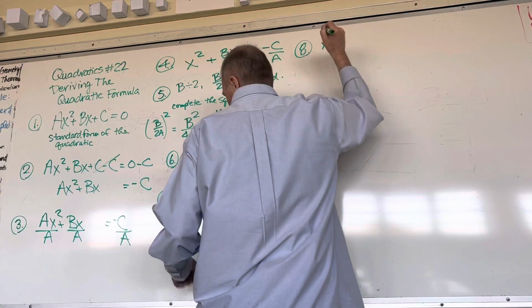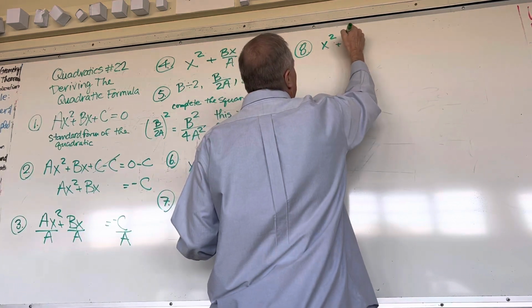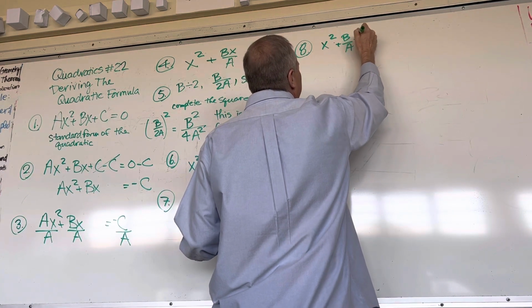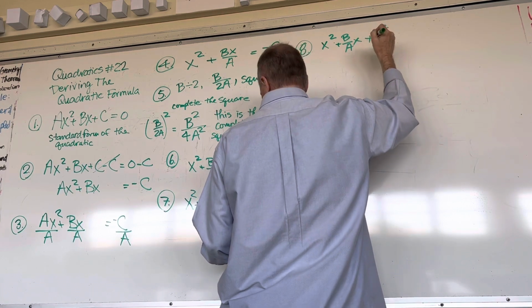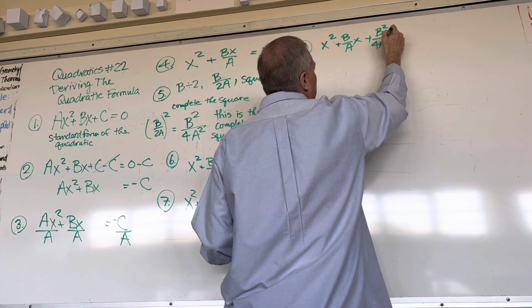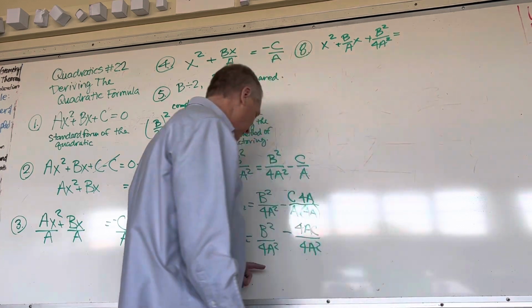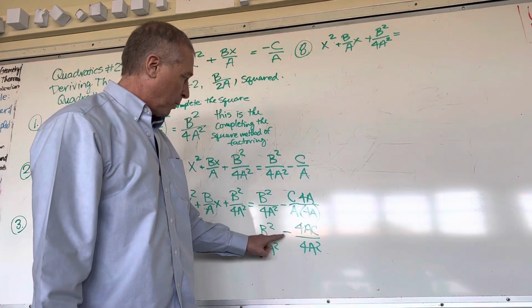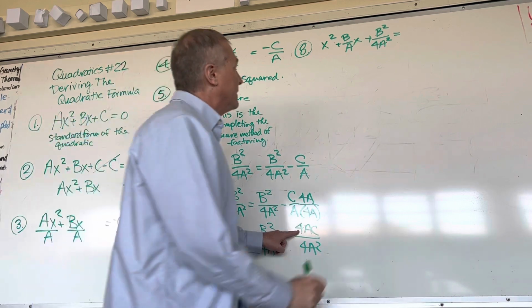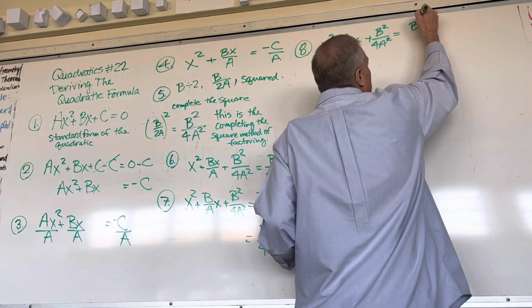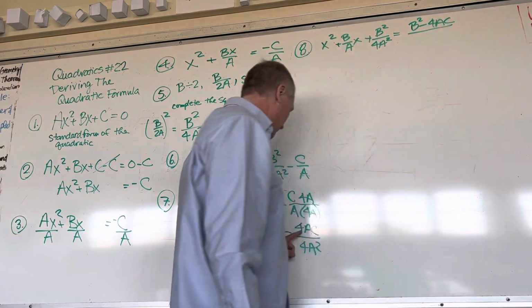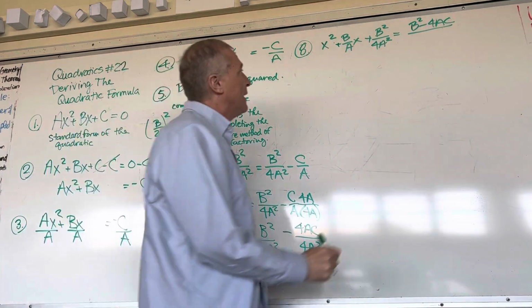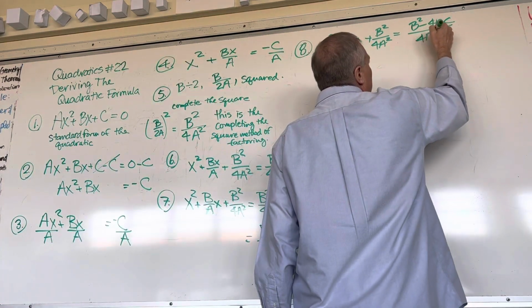Repeat the left side, x squared plus b over a x plus b squared over 4a squared. And on the right side now, it's going to say b squared minus 4ac all over the common denominator of 4a squared.